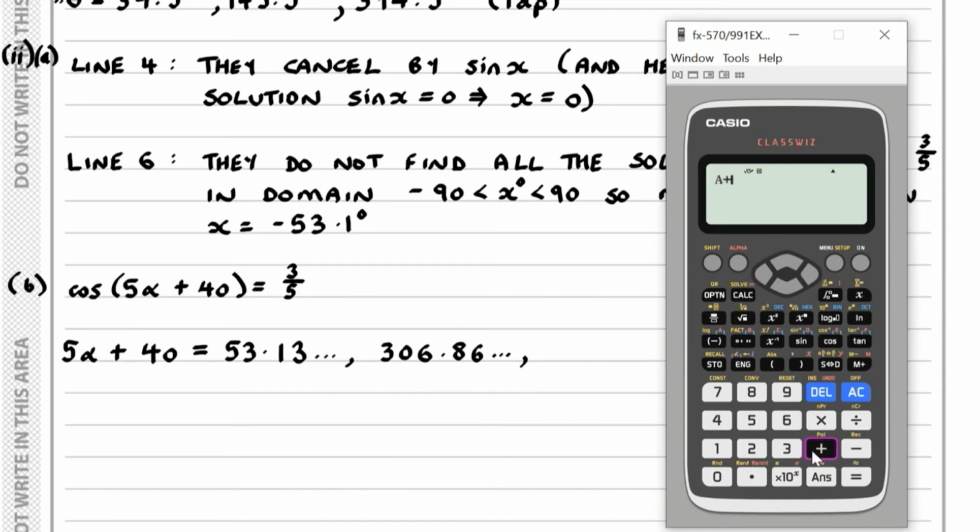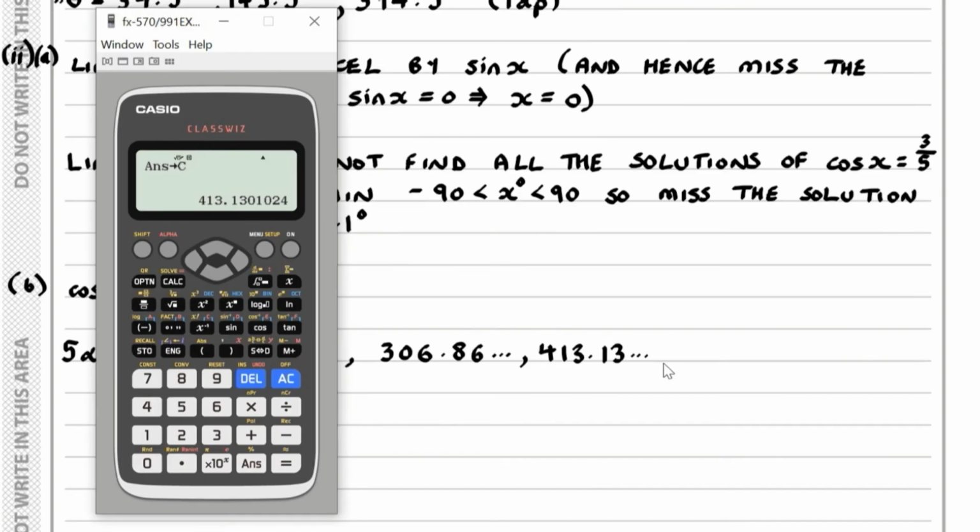So we have A plus 360, which is 413.13, etc. Store this into C. And for the final solution, we've got the value of B plus 360, which is 666.86, etc. We will store this into D.